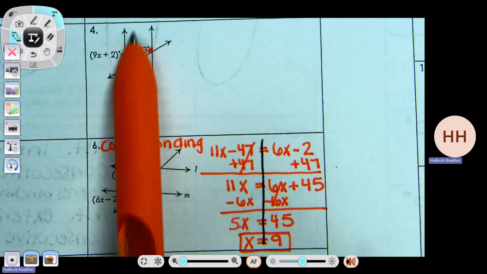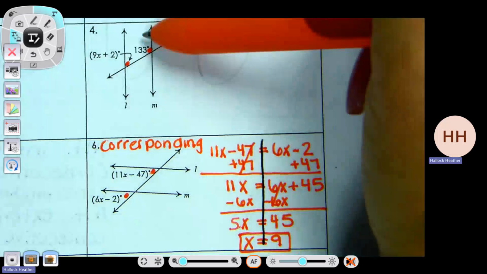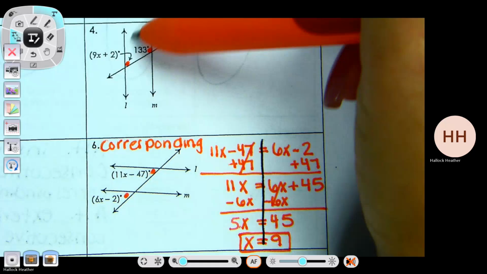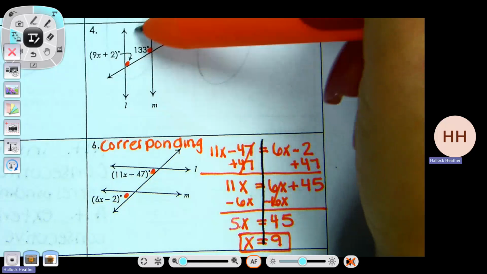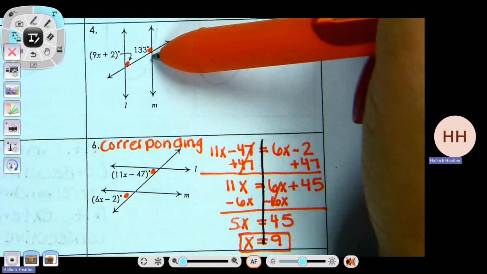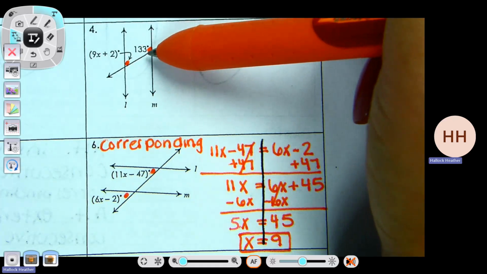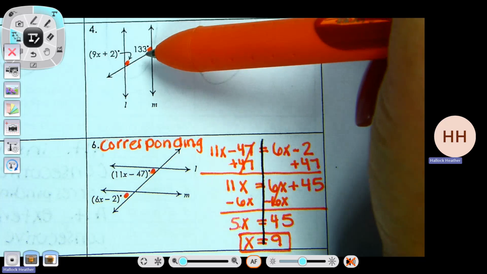They're on the inside of the parallel lines. This time your parallel lines are running vertically. They are not jumping across the transversal. So this is consecutive, which means same side, consecutive interior because they're on the inside.